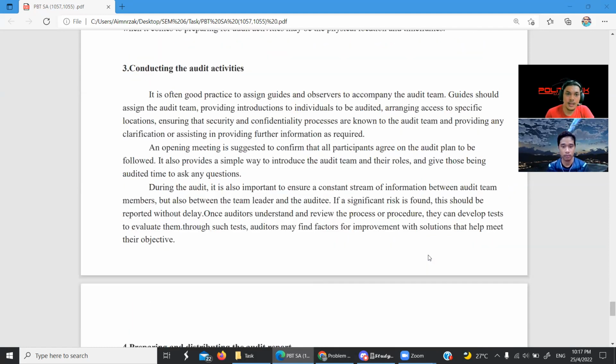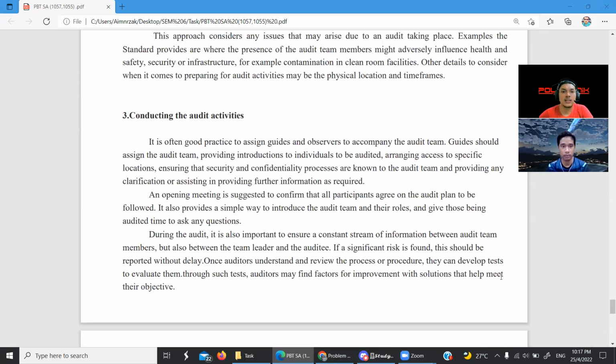Next, number 3 is conducting the audit activities. It is often good practice to assign a guide and an observer to accompany the audit team. The guide should assist the audit team by providing introductions to individuals to be audited, arranging access to specific locations, ensuring that security and confidentiality processes are known to the audit team, and providing any clarification or assisting in providing further information as required.